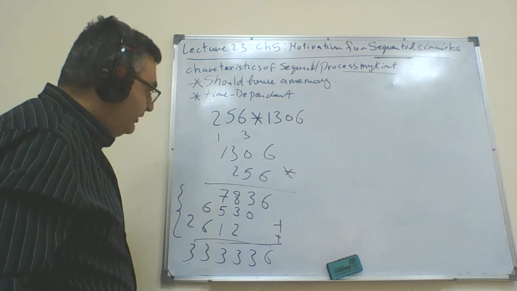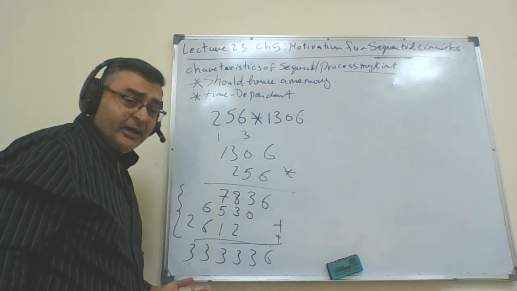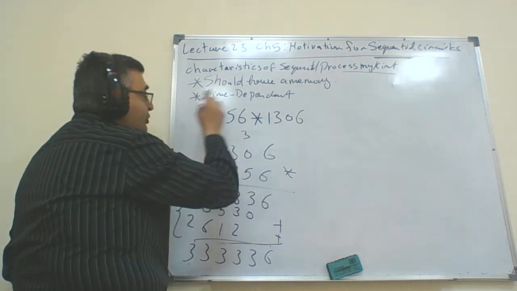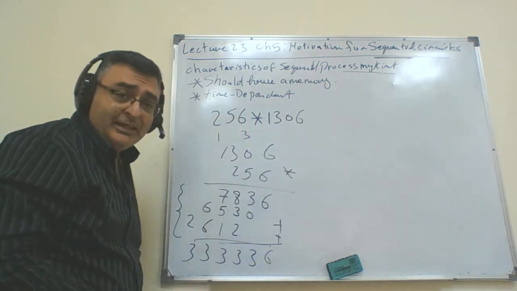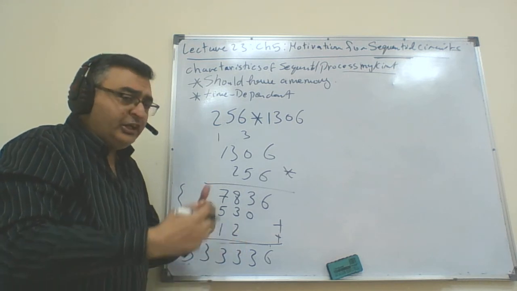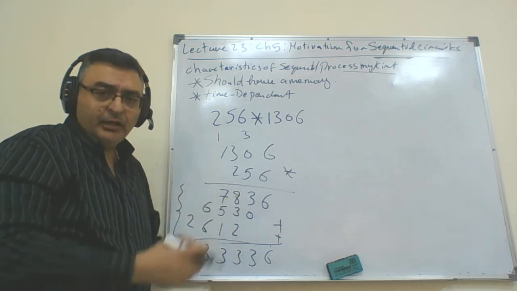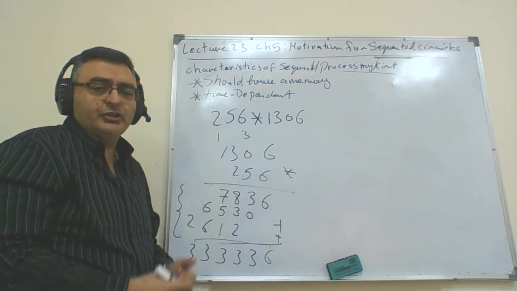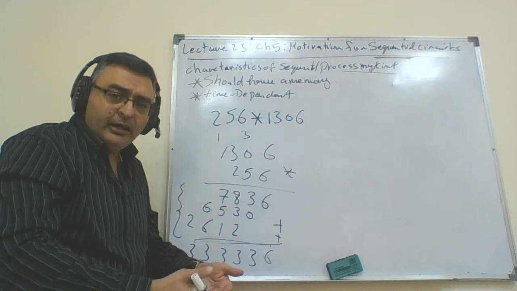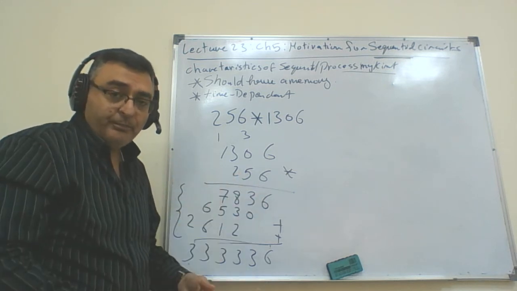Very funny number. Anyway, this is my answer. So the system should have a memory. The system is time dependent. That means the output of the system will change over the time. I don't get the final answer at once. I get an intermediate answer, and then I get another value, and so on.